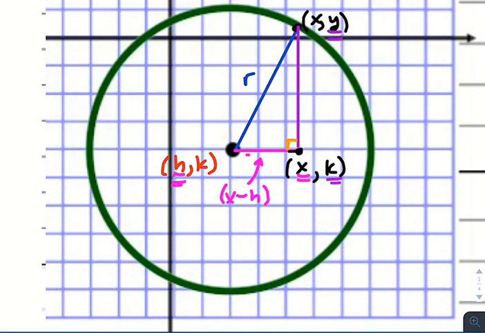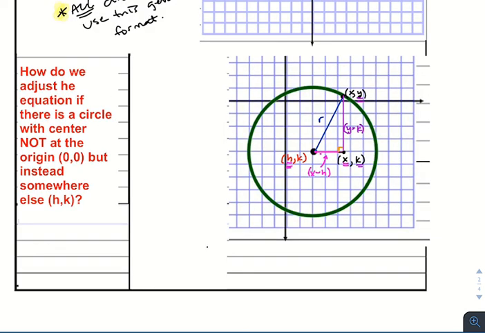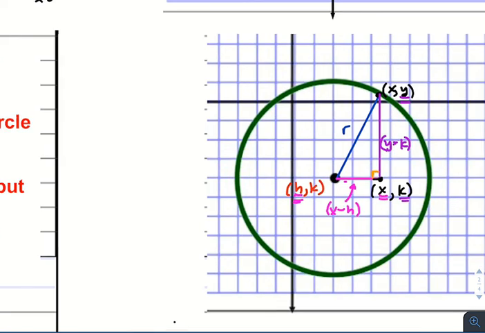Okay. And so if we're setting up the Pythagorean theorem again, just like we did before, if we want this circle's equation, we should start with a squared plus b squared equals c squared again, because we still have that right triangle. But in terms of the a value, instead of just simply x, we now should have x minus h.